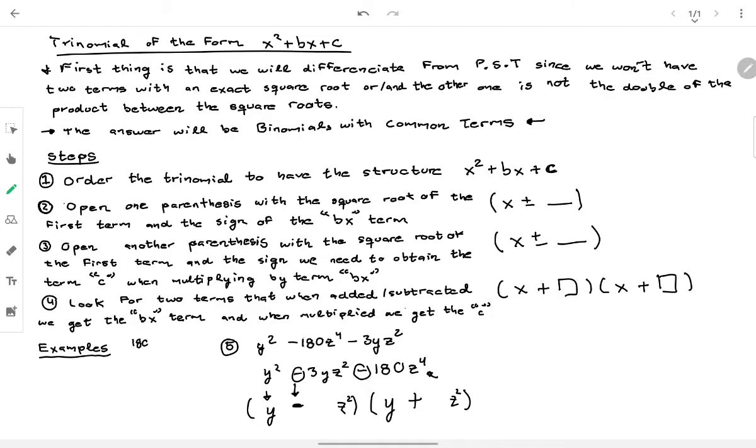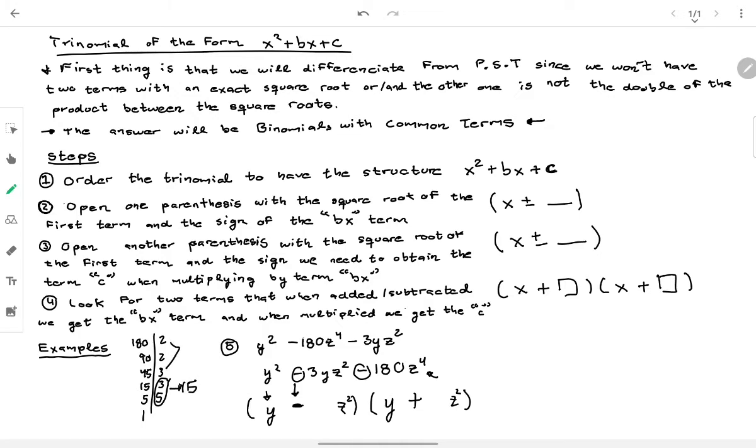We can decompose the 180, and it's going to be 2, 90, 2, 45, 3, 15, 3, 5, 5, and 1. So we need to get a -3. So maybe we can have 5 times 3, it's 15.